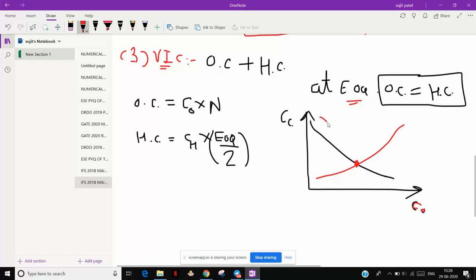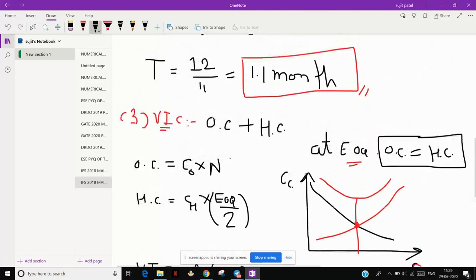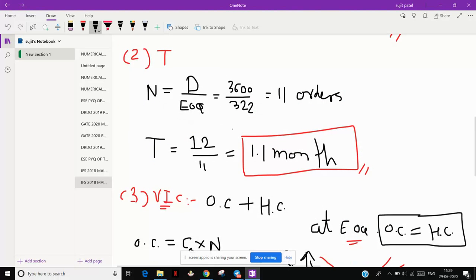The graph I have shown here is for you to understand that inventory cost is minimum at EOQ. So here ordering cost and holding cost are the same, so we can say that in our case at EOQ, variable inventory cost is equal to 2 times the ordering cost or 2 times the holding cost. I am writing two times ordering cost because I have already found the number of orders.